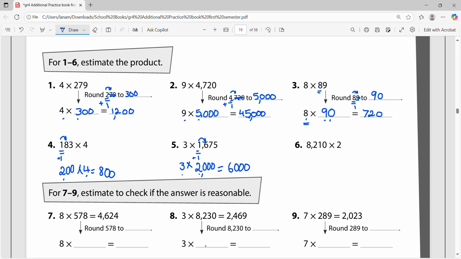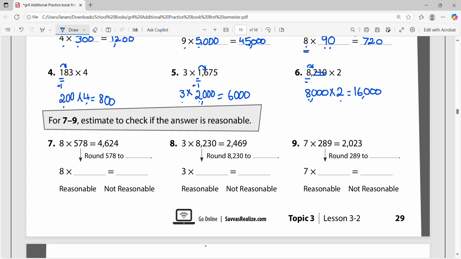Now 8,210, find your place, look next door. It's 2. So if 4 or less, let it rest. Don't do anything. Leave the number alone. So I'm just going to put 8,000. I don't want these numbers, we will replace them by zeros. Times 2. Now 8 times 2 is 16. And then I add the zeros.